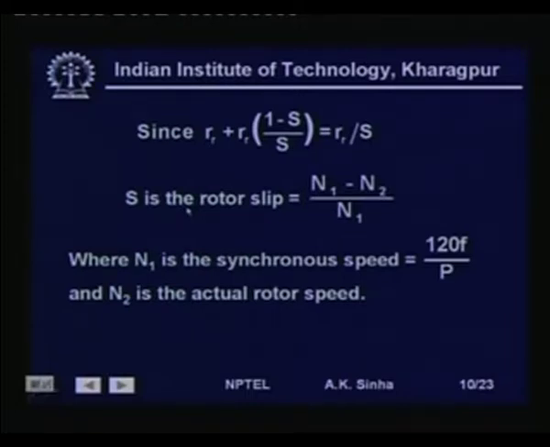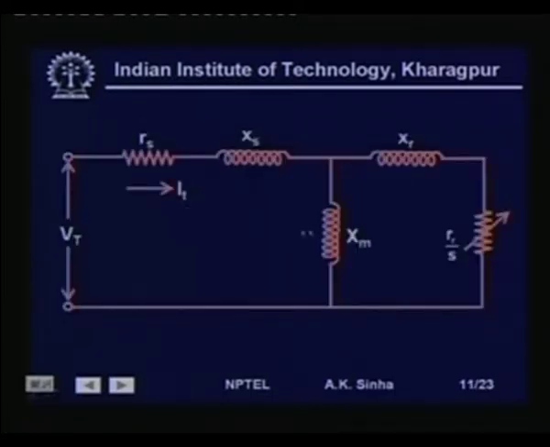Therefore, if we add the rotor resistance and the load part, we get the equivalent circuit: this is the stator part, this is the magnetizing part, this is X r, the reactance of the rotor circuit, and the rotor resistance as well as the load part is represented here as R r by S.